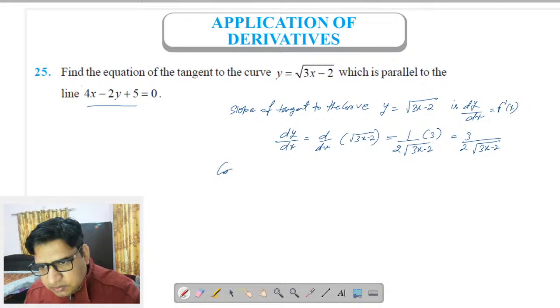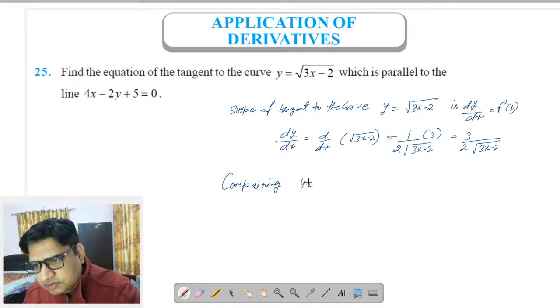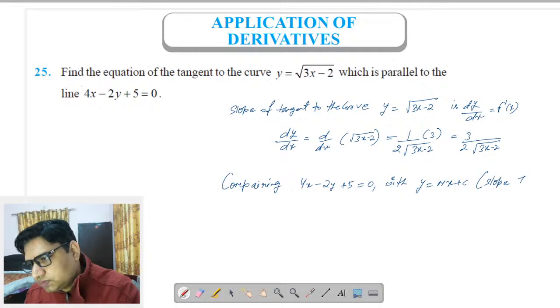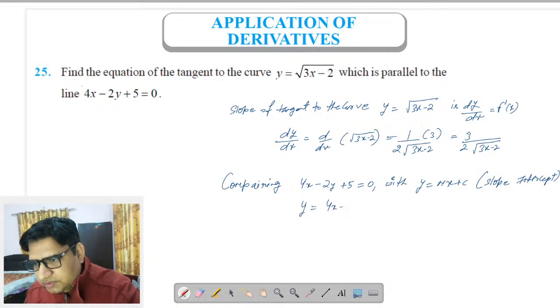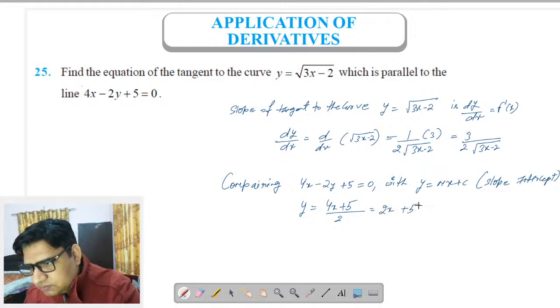So comparing 4x minus 2y plus 5 is equal to 0 with y is equal to mx plus c, which is the slope intercept form, we have to take y is equal to 4x plus 5 upon 2, and that will be 2x plus 5 by 2.